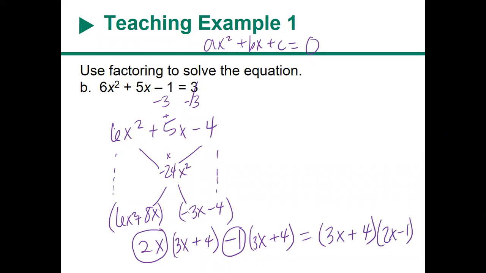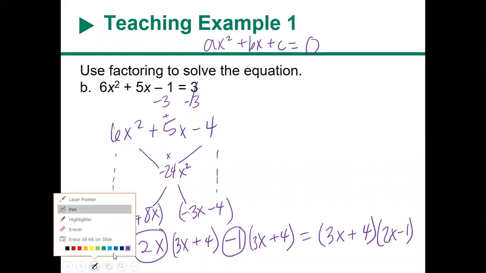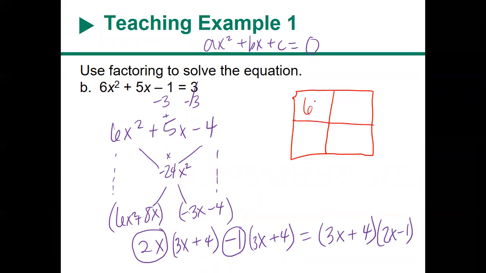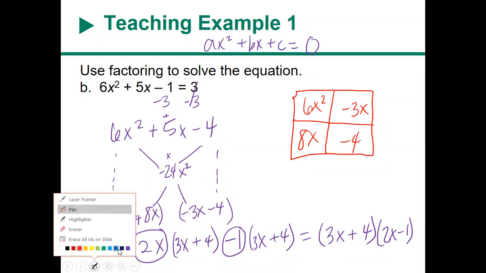All right, if you are a visual learner and seeing it like this does not work, you have the option to create the box of it. So your first term, your last term, and then after you ask yourself, what are your two numbers? Well, my two numbers are 8x and negative 3x. And you're just finding the GCF of each row and each column.